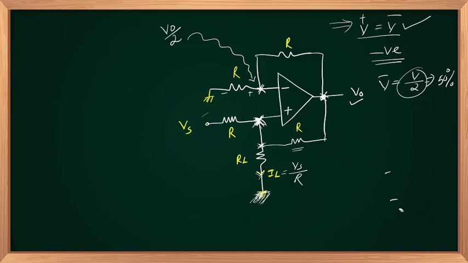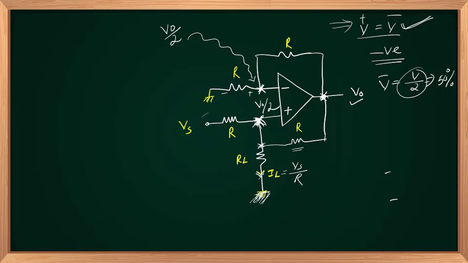Let us see that. Right, so V plus equal V minus, negative feedback. So output is always in between plus or minus VCC, so it's a linear circuit. This signal is at V out by 2. V plus equal to V minus is valid because negative feedback is dominant in the circuit. So here we'll have the same signal, V minus, equal to V out by 2.